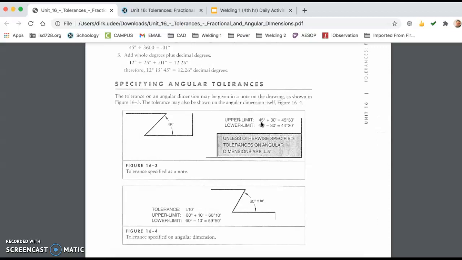We have to be very particular and do our conversion to minutes. So at plus or minus half a degree, we'd be 45 degrees, 30 minutes. Our lower limit or our minimum size would be 44 degrees, 30 minutes.